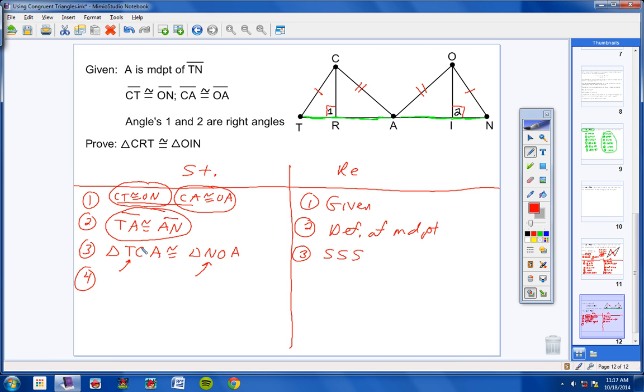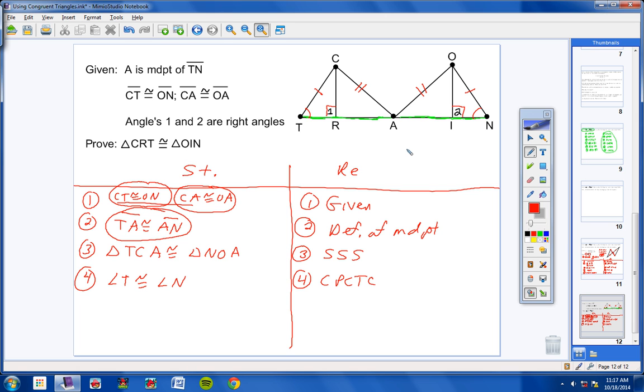So I can now state that angle T is congruent to angle N. And of course the reason would be CPCTC. So I'm going to put a mark here and a mark here.